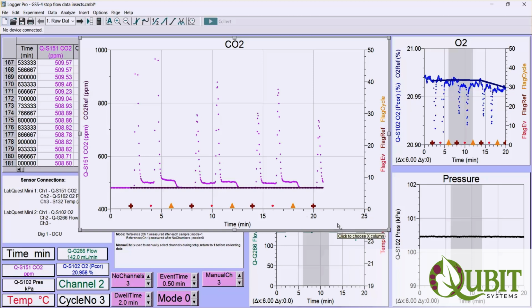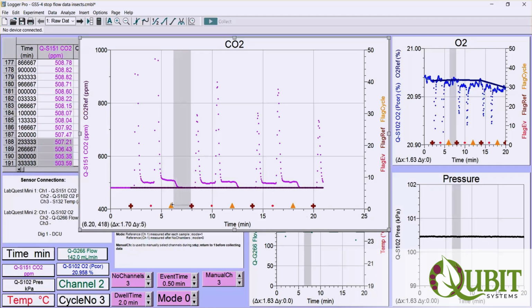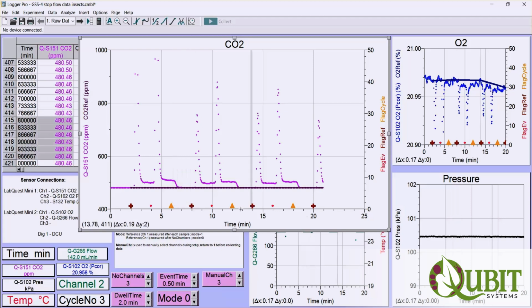The other thing to mention here is that this solid dark line represents the background CO2 levels and background oxygen levels, and it is calculated from the reference measurements, which are done between the triangle and the red cross here. So the reference is being measured here, and it's interpolated during the time that the samples are being measured.